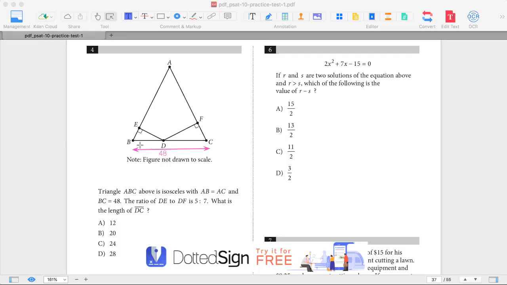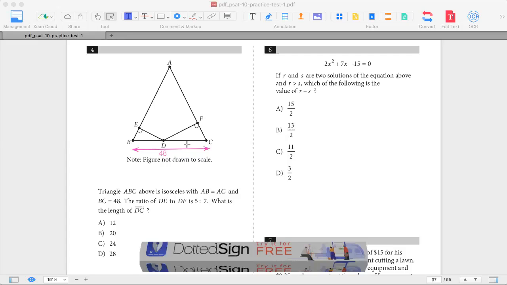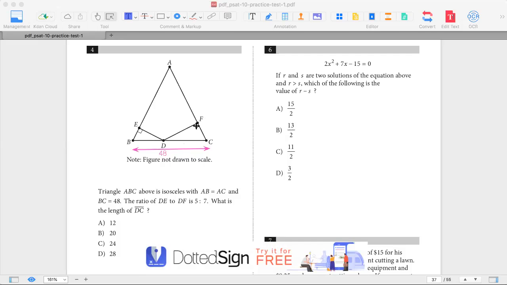So BD over DC is equal to DE over DF. I'm going to write everything I'm explaining. Again, BD over DC is equal to DE over DF.